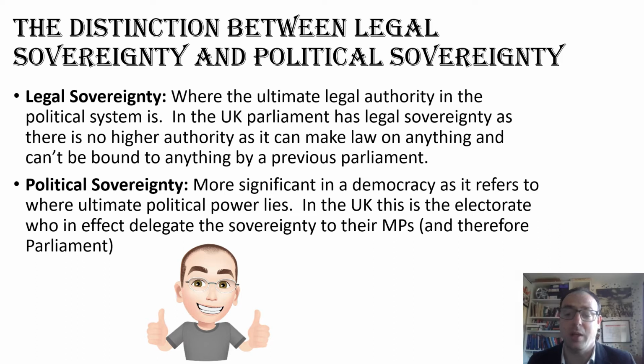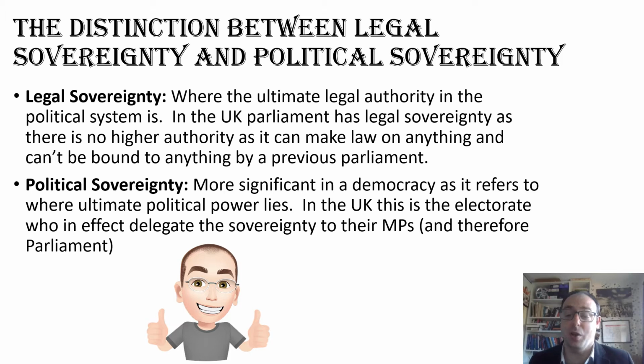So on that one, there isn't really much debate. In terms of political sovereignty, this is arguably something that is higher than legal sovereignty. This is the highest level of sovereignty in a democratic political system, and it refers to where ultimately political power lies. In the UK, ultimately, political sovereignty lies with the electorate because we are a democracy.